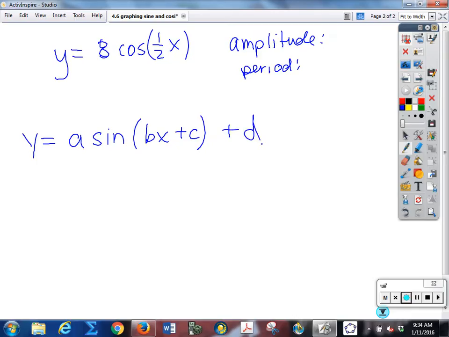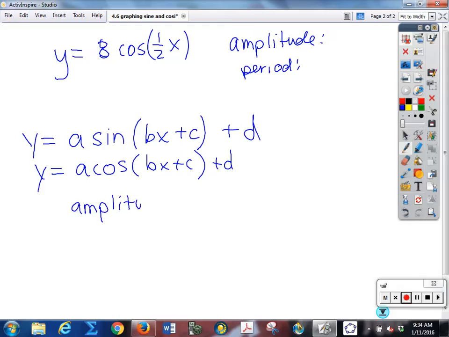And that could be with sine or cosine. The amplitude is always going to be what on these? A. Or we should probably say the absolute value of A in case it's negative. So that's always the amplitude.